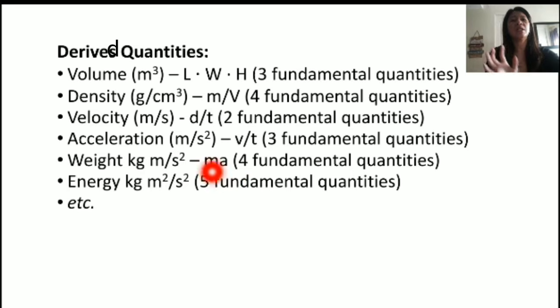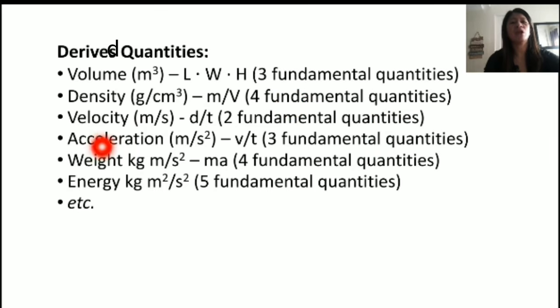Another example is density. Density is expressed in gram per cubic centimeter. For the formula, you will see the equation mass over volume. Mass is a fundamental quantity. Volume is a combination of 3 fundamental quantities. So density is a combination of 4 fundamental quantities.